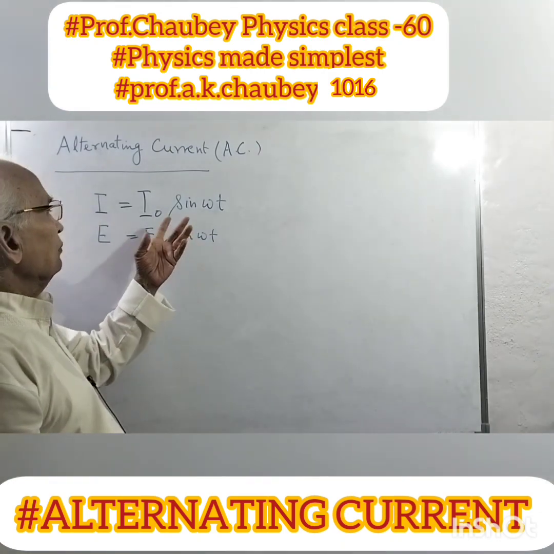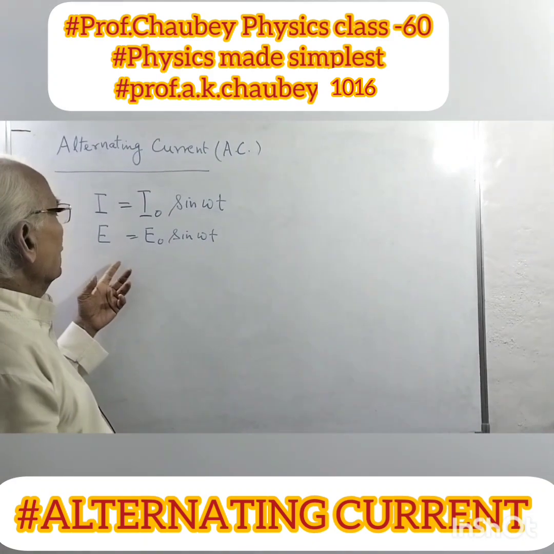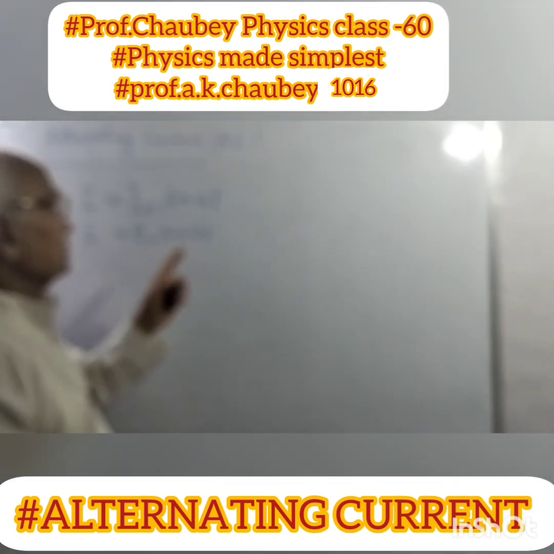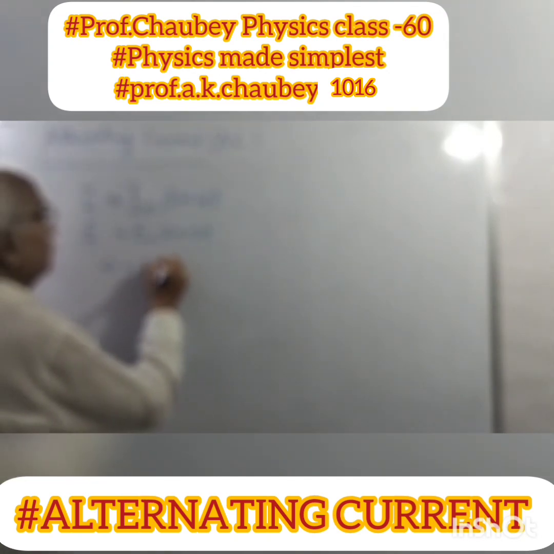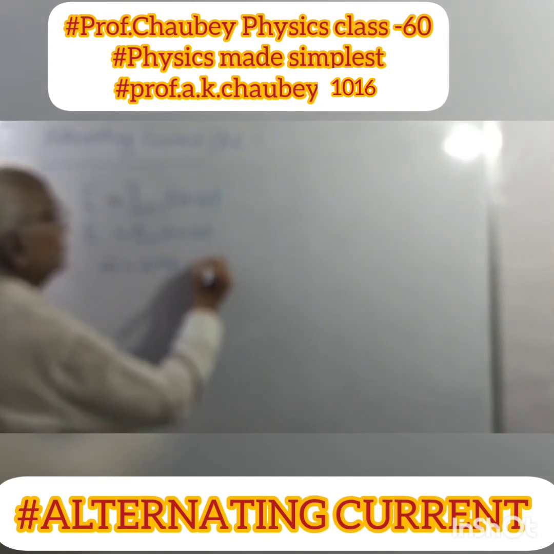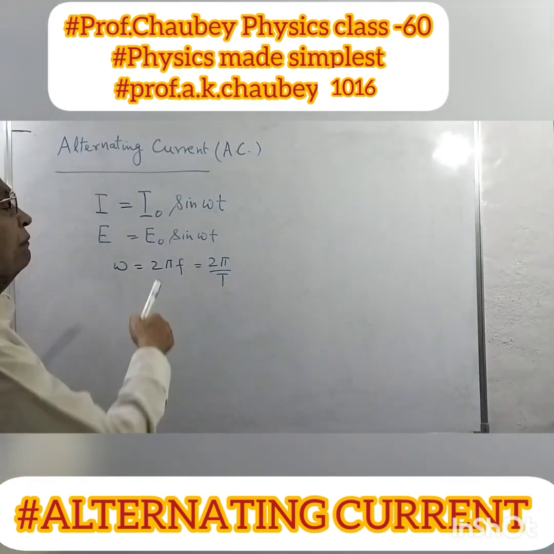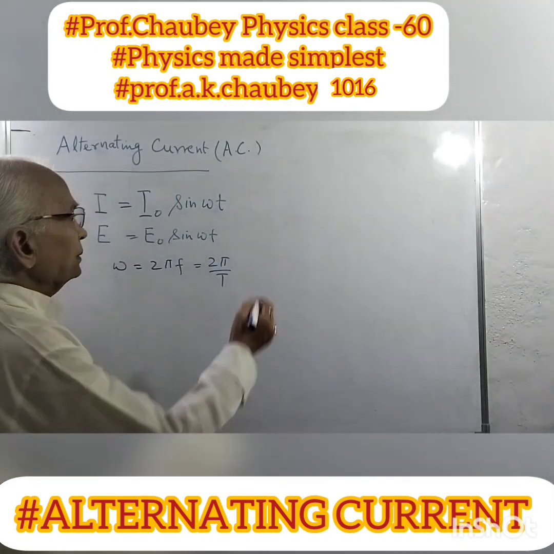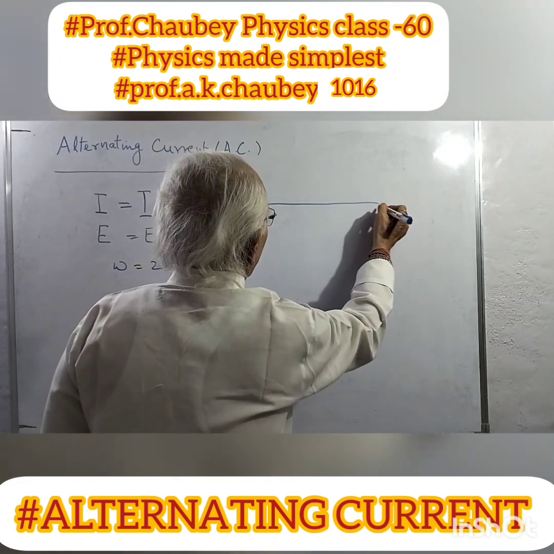So we can write I is equal to I naught cos omega t also, no problem. Omega is the angular frequency. You know omega is 2 pi f, or 2 pi over T, where f is the frequency and T is the time period. And we represent the current I simply on the time scale.